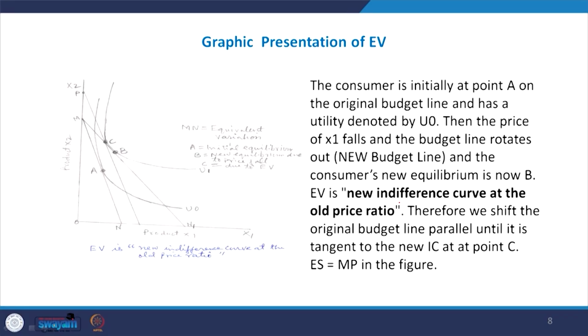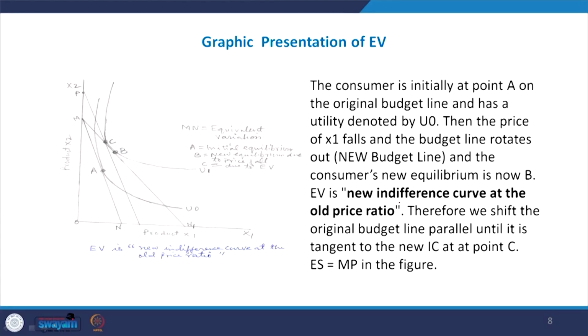the difference. Now, MP means the additional income, in that case income was reduced, but consumers reach a higher level of satisfaction on the new indifference curve, but at the old price ratio. So, the price ratio is old. If you look at the new budget line, it is parallel to the MN budget line.